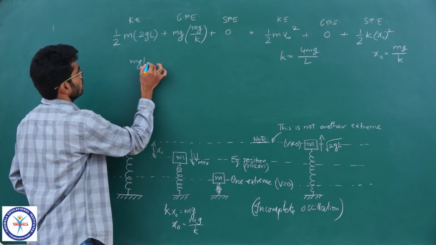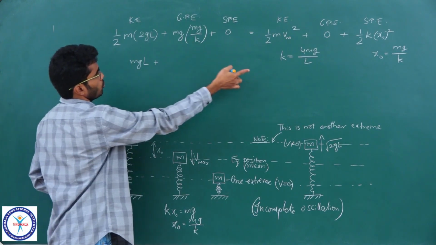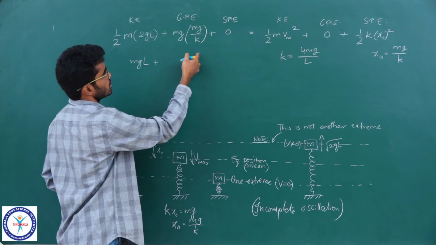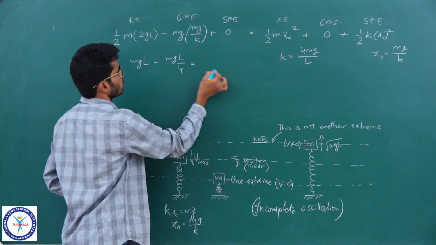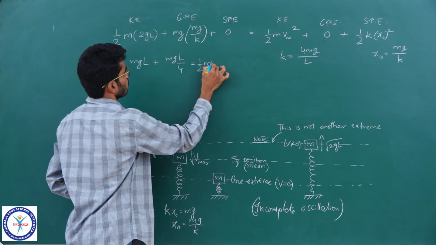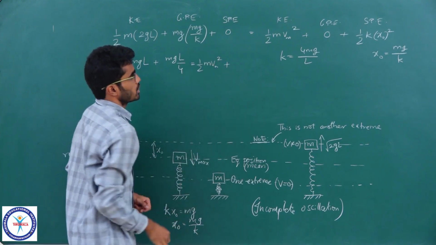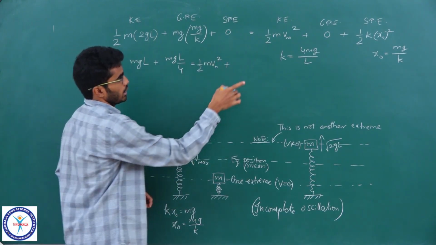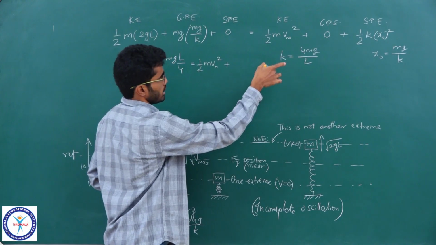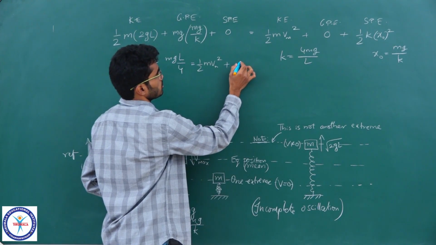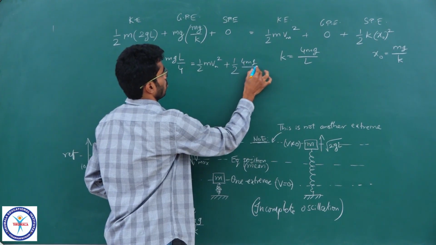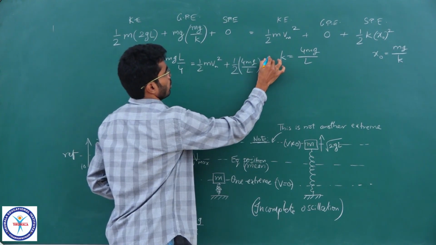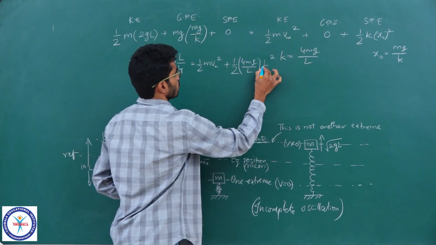This is mgl plus 4 mgl by k, this gives you L by 4. So, mgl by 4 equals half mv square plus half k x naught square. X naught is L by 4. So, it is 4 mg by L, L by 4 whole square.